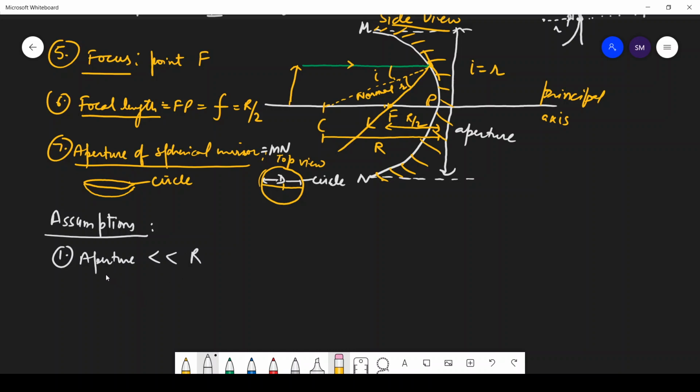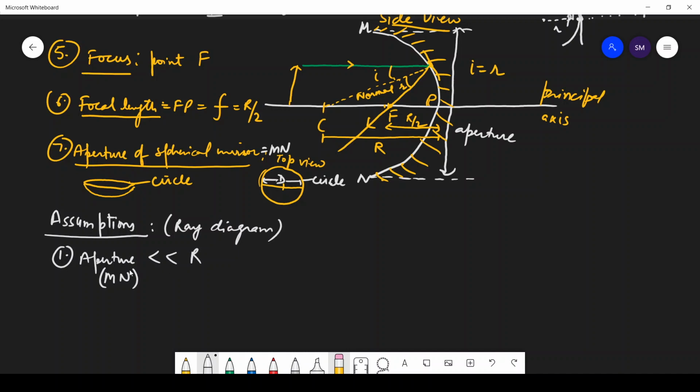Aperture was your MN, so in the ray diagrams that we will make, MN will be much smaller than R.